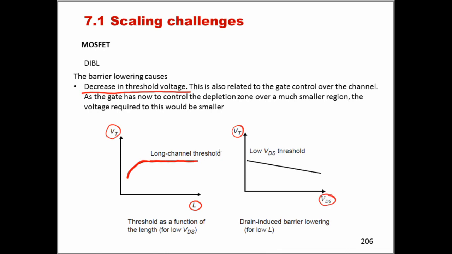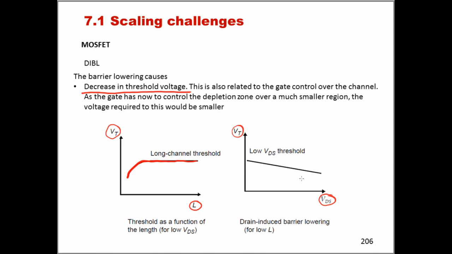So in a short channel device, what we see is that, because we've said that the channel region now is partly controlled by the gate and partly controlled by the VDS, this means that we should expect VDS to have some effects on the threshold.